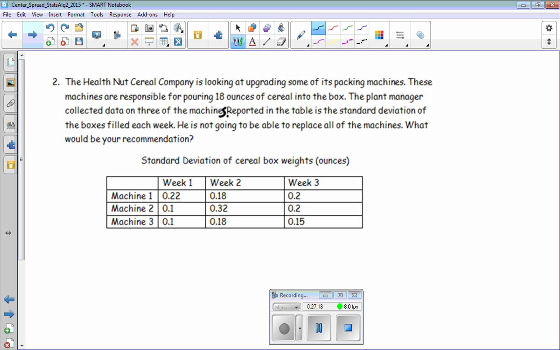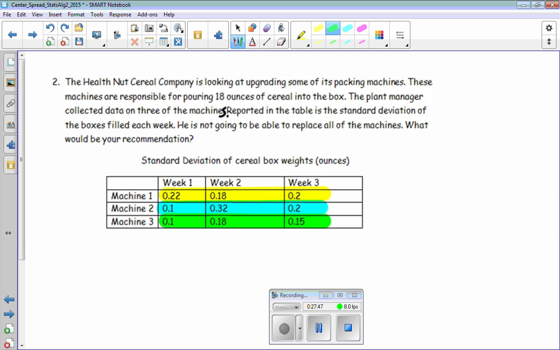Reported in the table is the standard deviation of the boxes filled each week. He's not going to be able to replace all of the machines. Which machine would you recommend? So here's machine 1, here's machine 2, and here's machine 3. Which one would you replace and why?